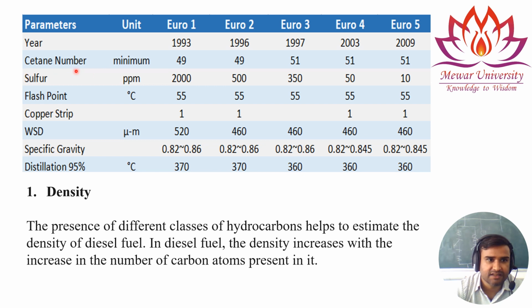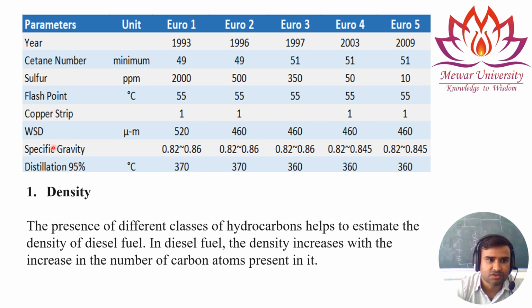In cetane number, the minimum in 1993 was 49, and then the cetane number increased around 2009. Sulfur content was very high in Euro 1 and very low in Euro 5, that is 10. The flash point is almost constant, and the copper strip value is 1, also constant.